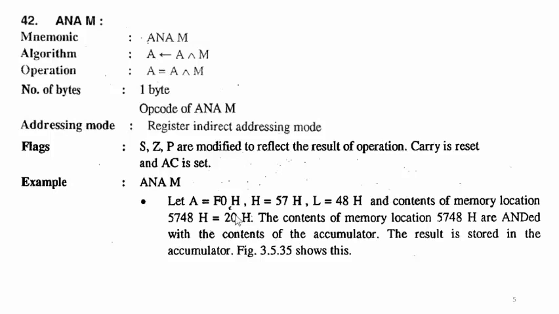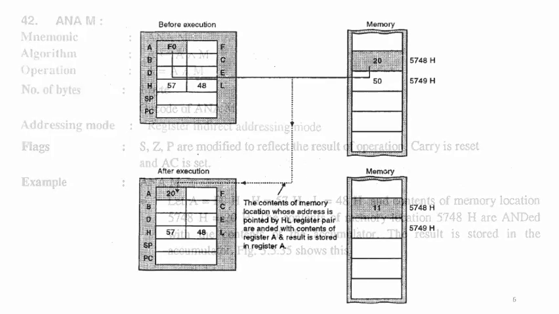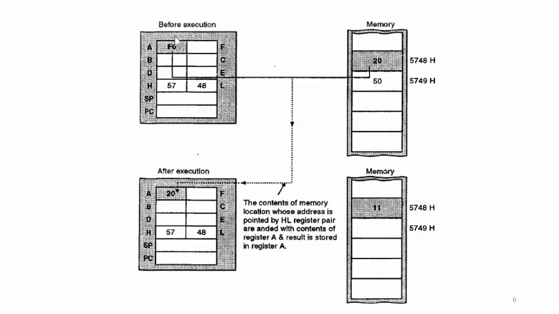Then this ANA M instruction takes the data from memory, that is 20 hex. So here accumulator content F0 is ANDed with memory pointed content, that is 20 hex.